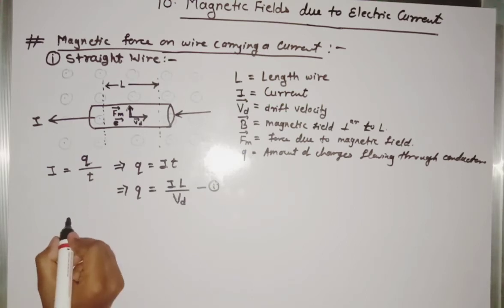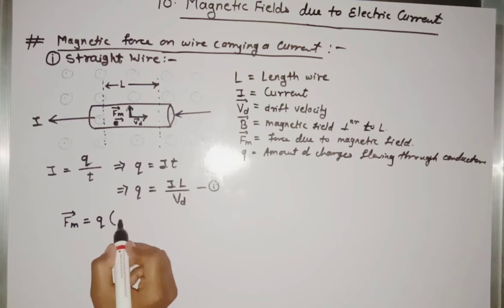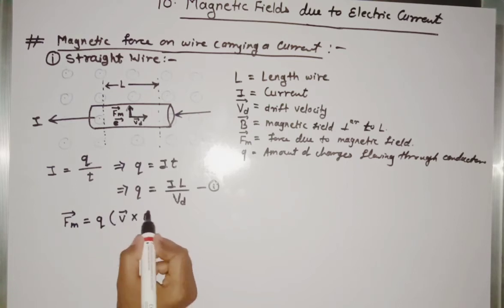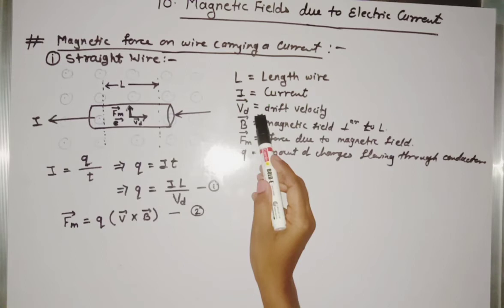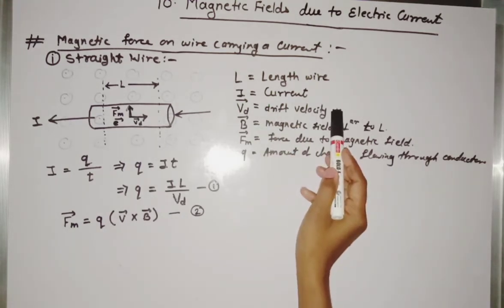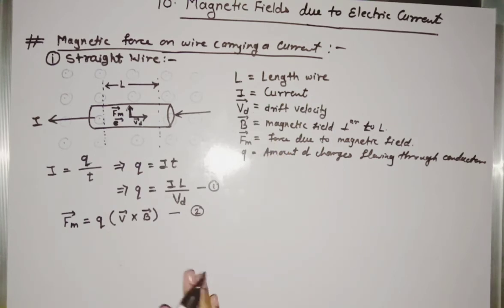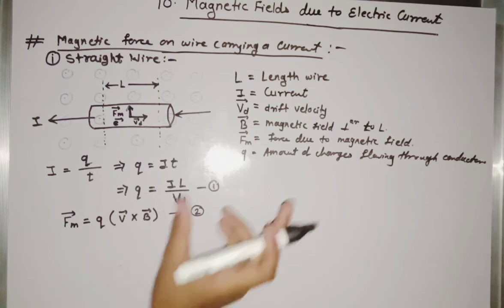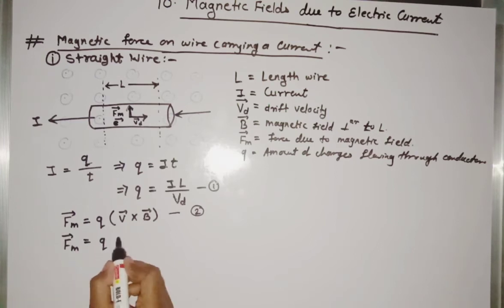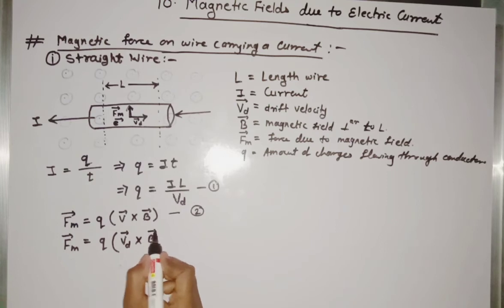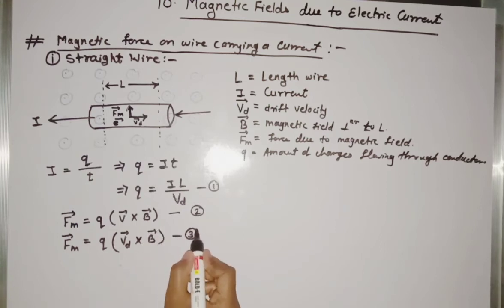The general equation to find the magnetic force is F suffix M equal to Q into bracket vector V cross vector B. But as you can see, as per our consideration, the velocity of the electron is given, and that is nothing but drift velocity, V suffix D. So I can write the equation for F suffix M as F suffix M equal to Q into bracket vector V suffix D cross vector B. This I will consider as equation 3.